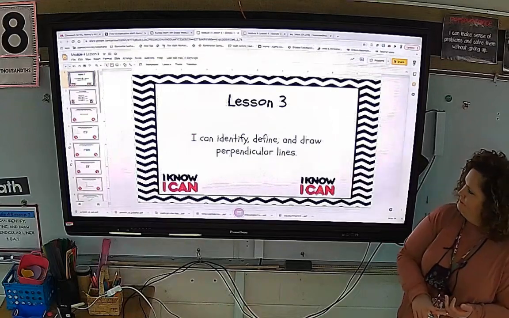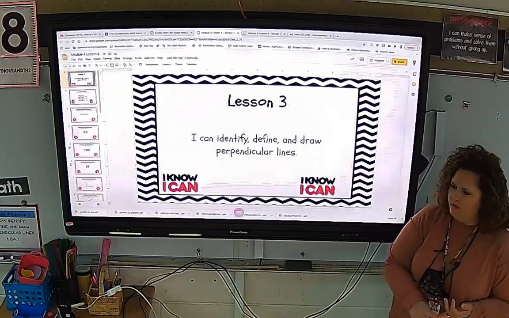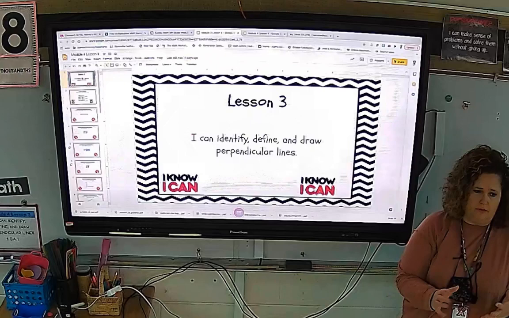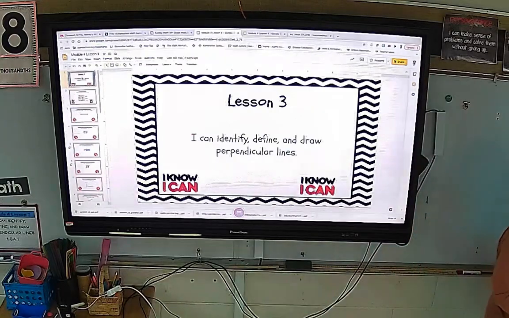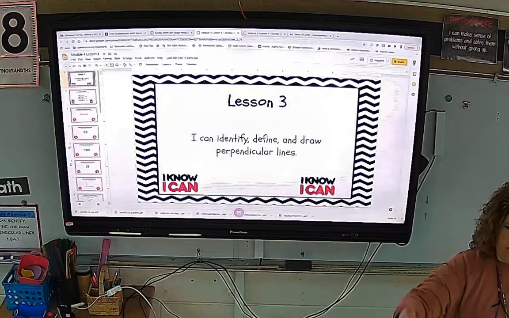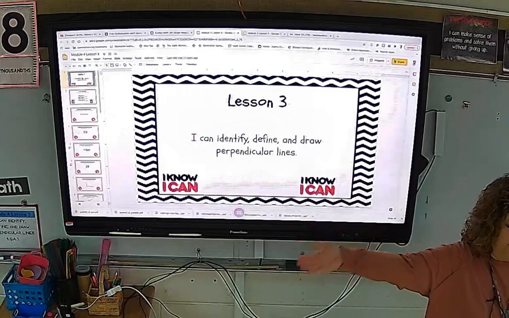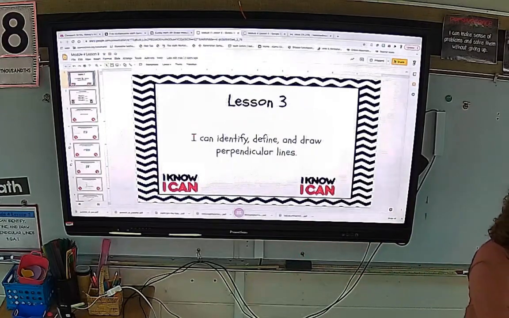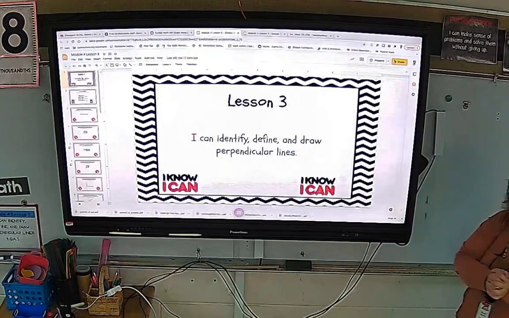We also want to know the symbol for them, because sometimes you'll be reading in your workbook or anywhere else, and it might say draw perpendicular lines, but they might use the symbol for it. So I want to make sure you know what those symbols are.